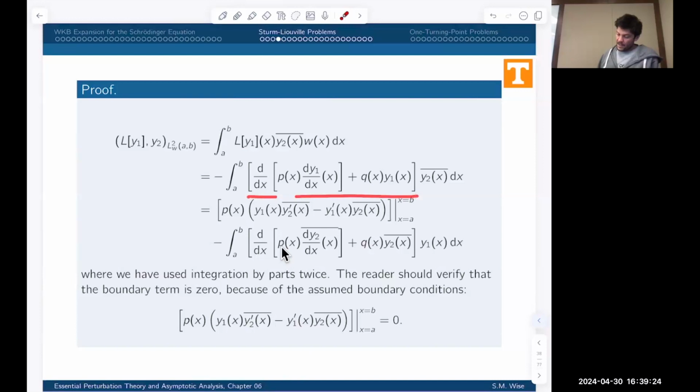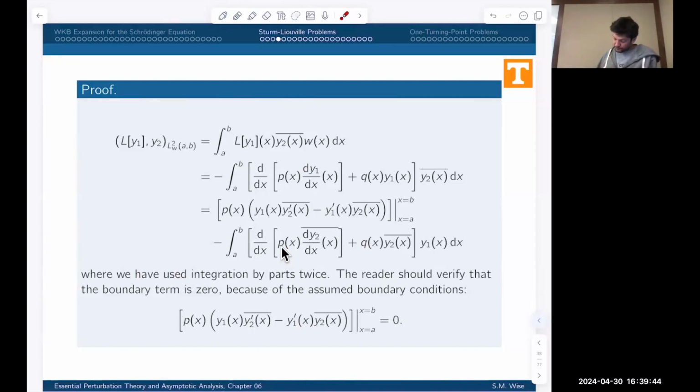Now, because it's written in divergence form, I can take this single derivative operator from the y1 and throw it onto the y2, which is what I'm going to do. The way I do this is to use integration by parts.